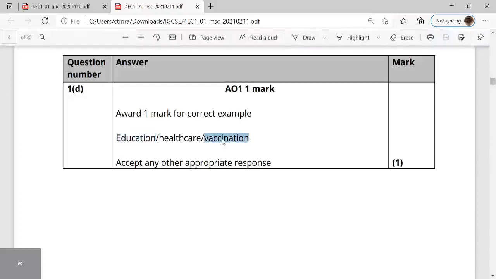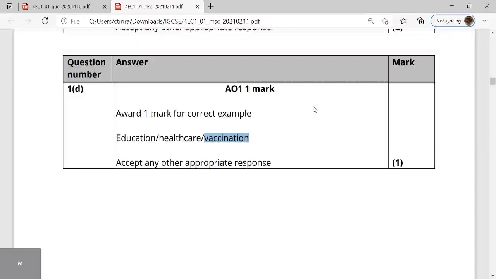Let's talk about vaccination. This is a hot topic nowadays, right? If someone takes a vaccination, maybe he is providing all the payments for it, but who will enjoy? All the people surrounding him will enjoy, right?